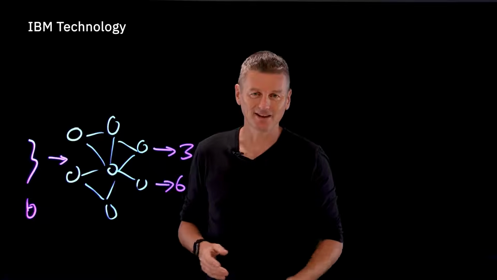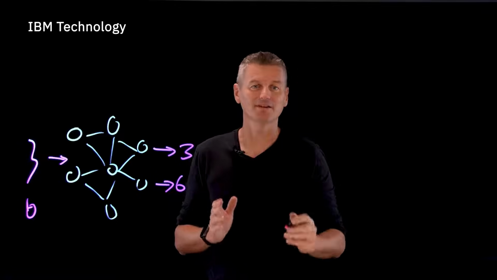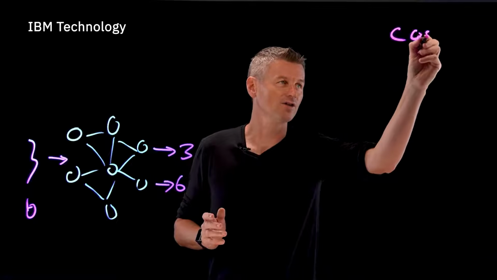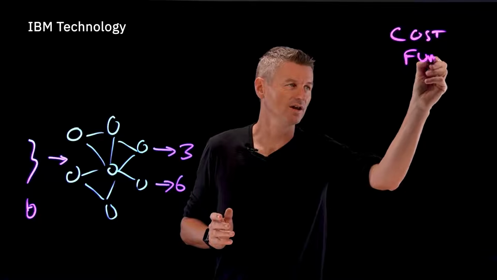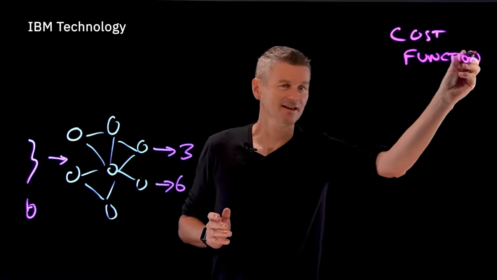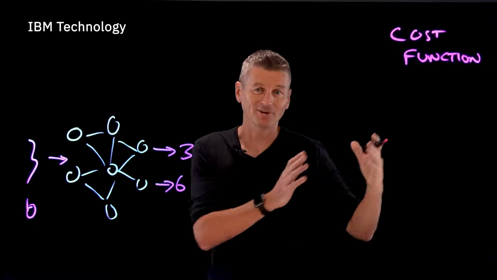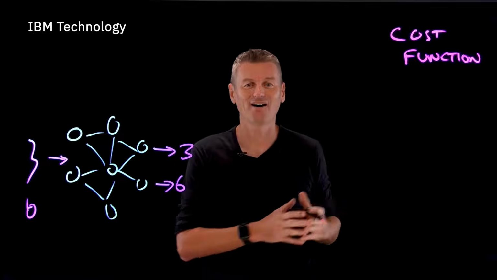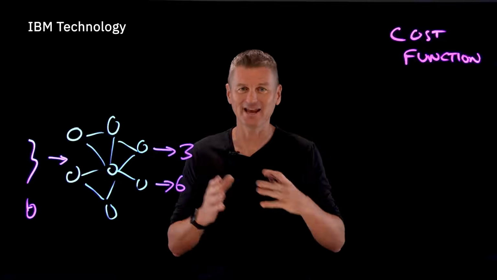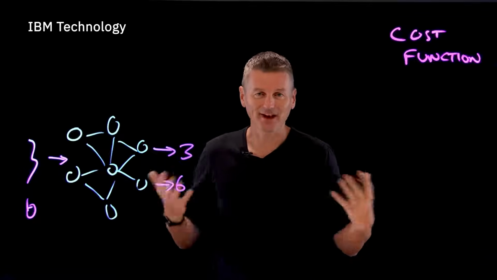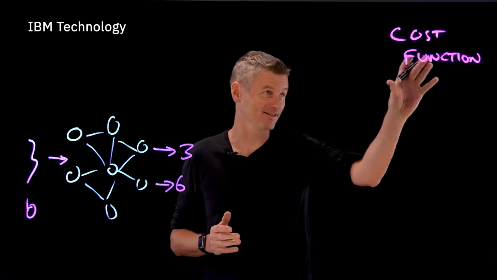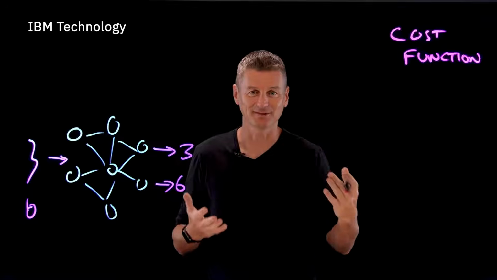Well, gradient descent is used to find the minimum of something called a cost function. So what is a cost function? Well, it's a function that tells us how far off our predictions are from the actual values. So the idea is that we want to minimize this cost function to get the best predictions.